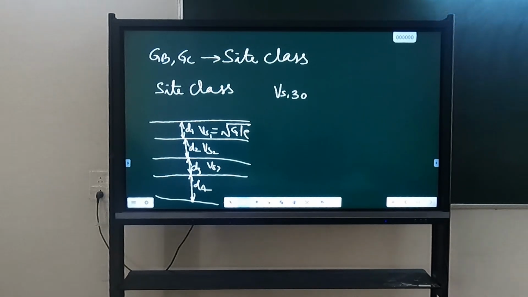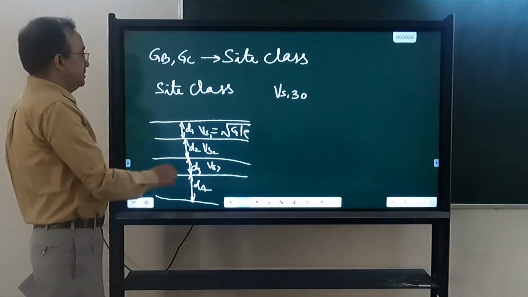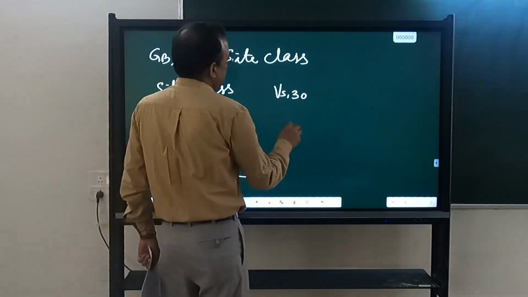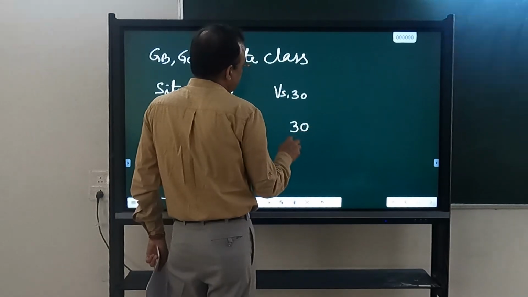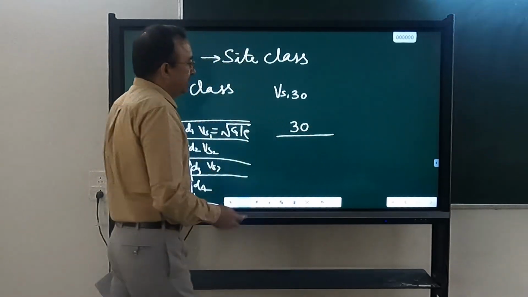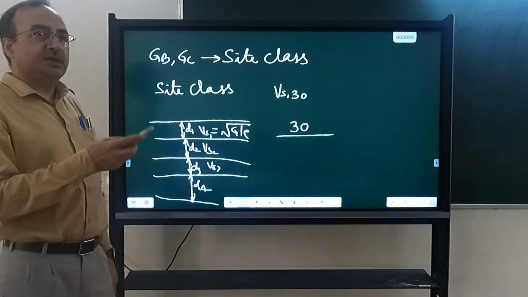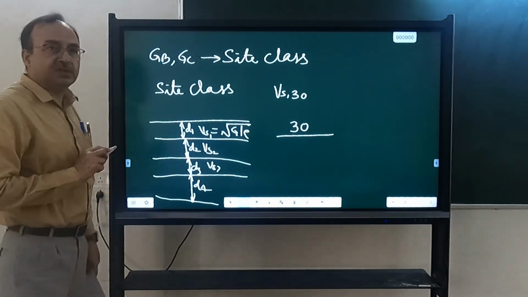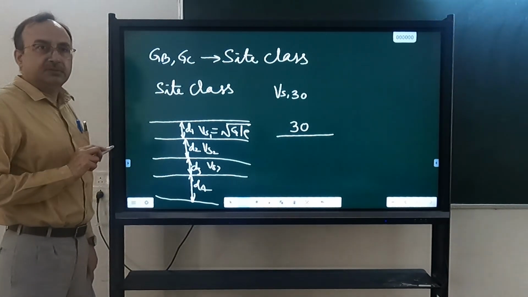Okay, so if you are calculating velocity, it will be 30 meters divided by the time taken to cover 30 meters. How much time will be taken to cover 30 meters depth?